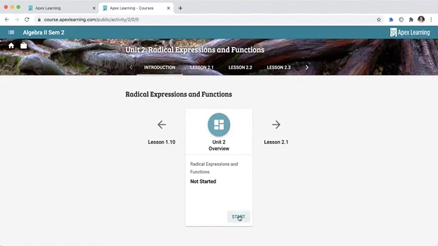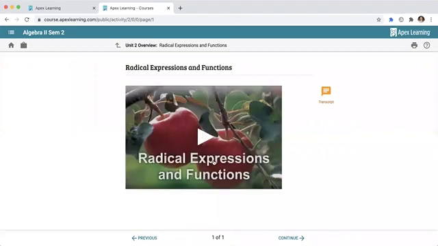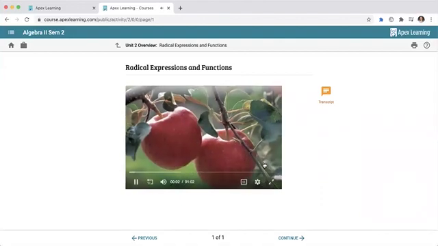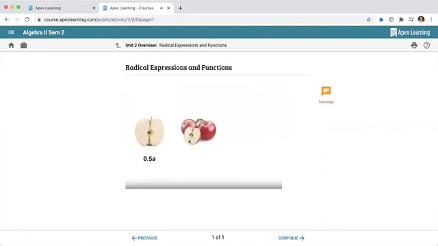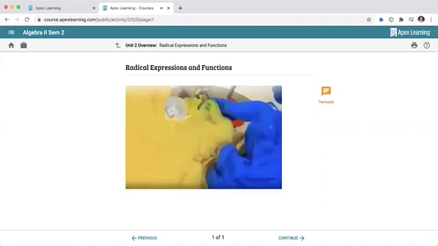If we look at the overview for Unit 2, radical expressions and functions. Have you ever heard the phrase, compare apples to apples? You might have had to use it in an algebra class if you've ever had to collect like terms. Some things combine together easily.